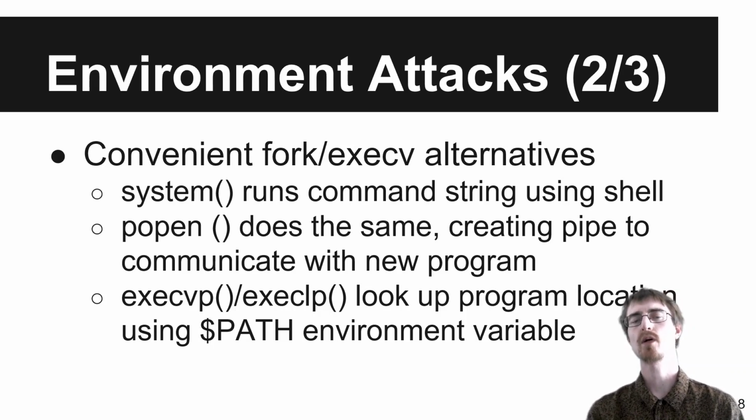Let's say we want to run vim, then on the shell we would normally just type vim, and the shell will look up where the program is. So execvp and execlp will do exactly this for us. They look up where to find vim so that we don't need to specify exactly that this program is, for example, in /usr/bin. Again, very helpful for lazy programmers.